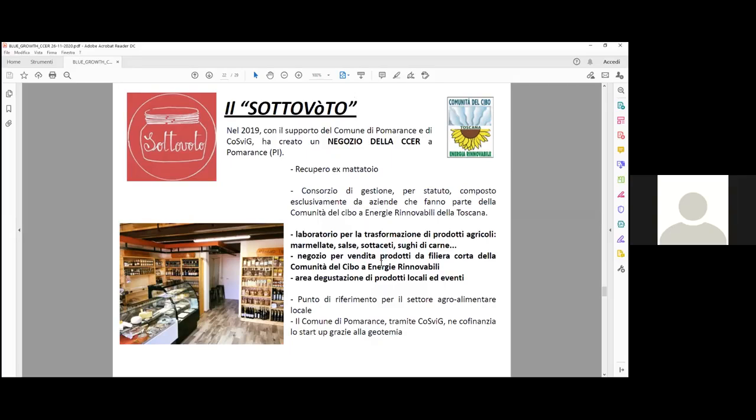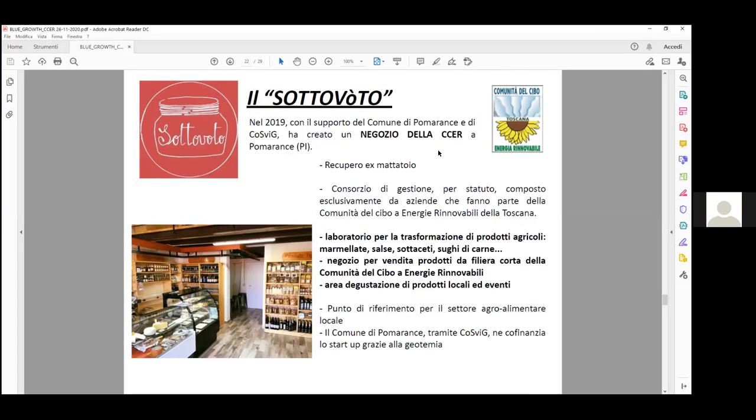Mancava un elemento di connessione, mancava un vero e proprio negozio, dove si potessero trovare tutti i prodotti di questa associazione. Nel 2019 il Comune di Pomarance e il COSVIG hanno aiutato la comunità del cibo a fare un negozio dove vengono venduti i prodotti dell'associazione.